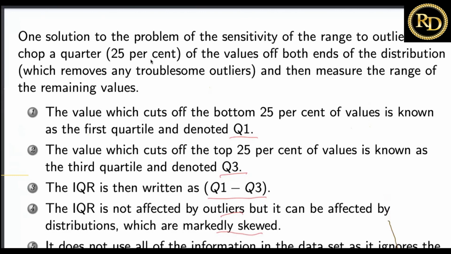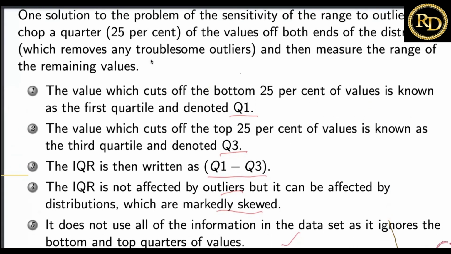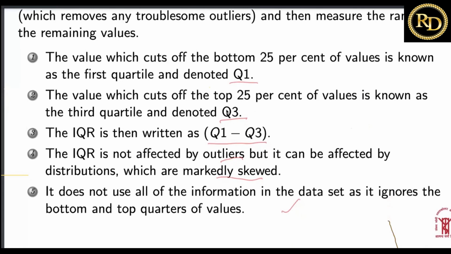So what is Q1? Q1 is that value below which 25% of the observations lie and above which 75% of the observations lie. Similarly, what is Q3? Above Q3 are 25% of the observations and below Q3 are 75%. And the interquartile range is simply the difference between Q1 and Q3.